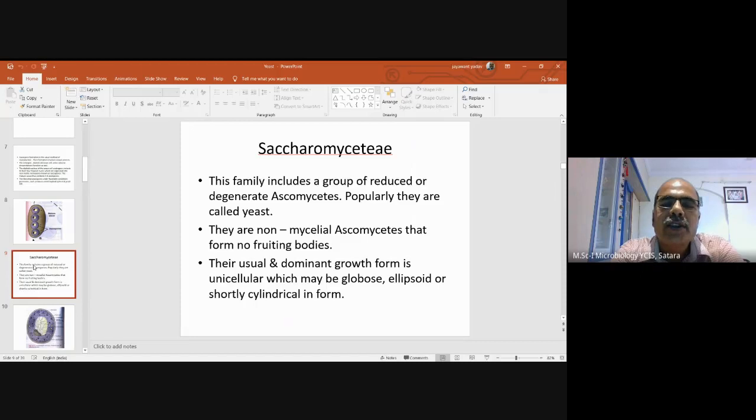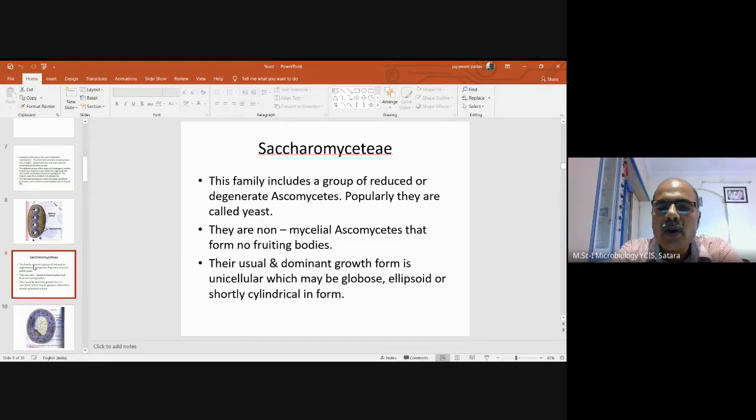Saccharomycetes. So this family includes a group of reduced degenerate ascomycetes, popularly called yeast. They are non-mycelial ascomycetes that form no fruiting bodies.